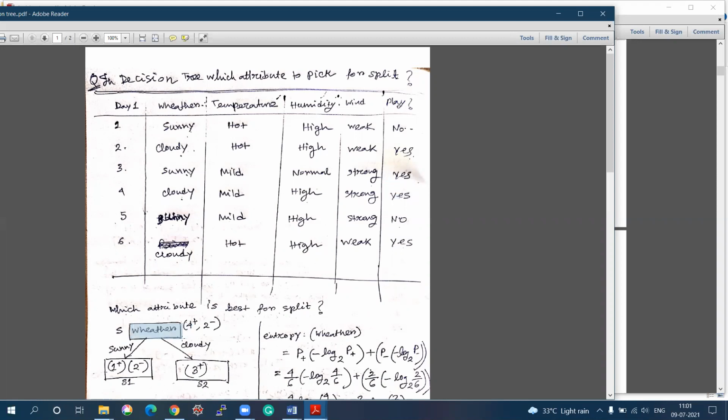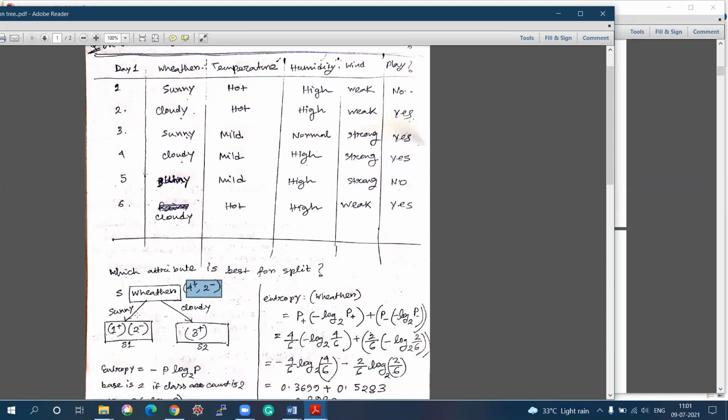Whenever we split on this attribute, there are 4 positive classes as well as 2 negative classes. Further, if we do the splitting, then value sunny will get one split, and for value cloudy we get another split. When the value is sunny, how many positive classes and how many negative classes are we getting?